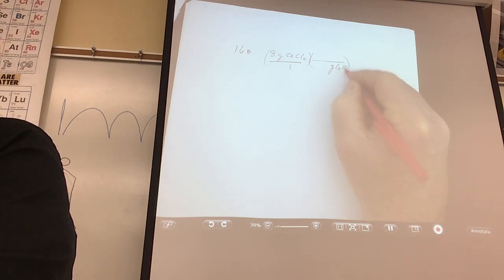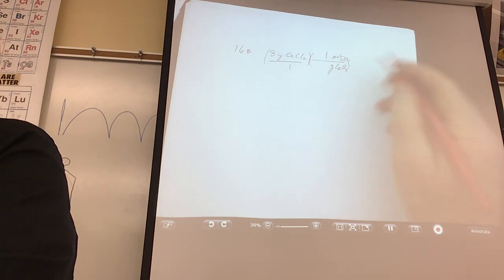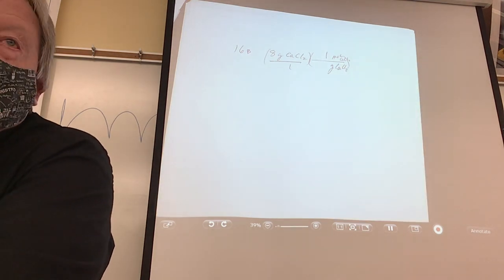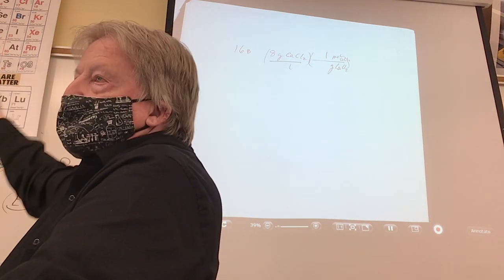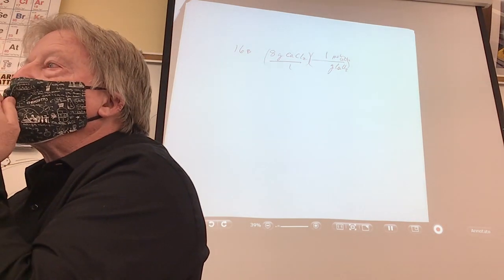Yes. So, calcium chloride, and then we're going to change it into moles. So 1 mole of calcium chloride. And so let's find the molar mass. I will tell you that 35.5 and 35.5 is 71.